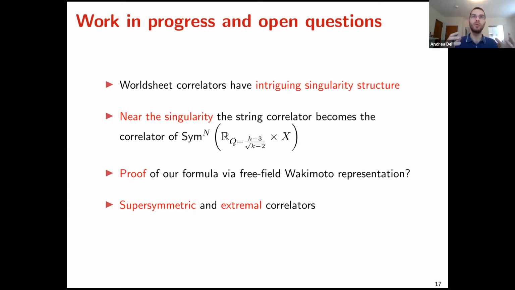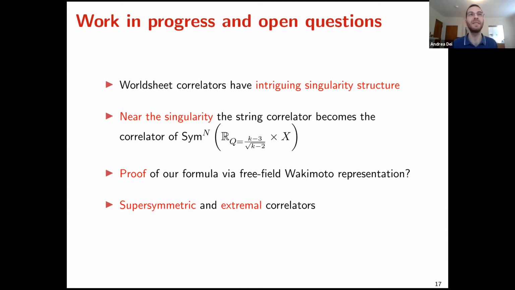And actually, if you zoom in close to these singularities, there the correlator is diverging. This means that the region close to the singularity dominates the integral that you have to perform to compute the string correlator. And if you regularize this divergence, you can compute explicitly the string correlator.